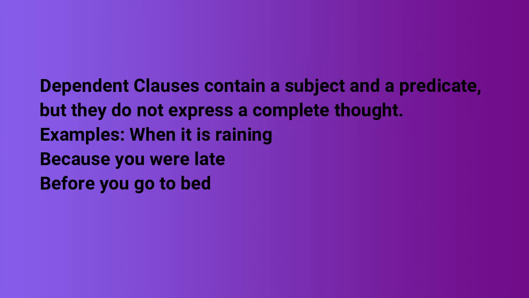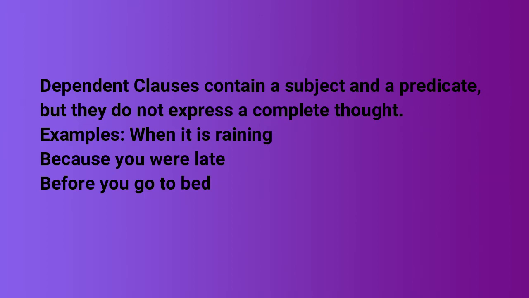For example, when it is raining. It's only half sense, not a complete thought. Because you were late. Before you go to bed. Do you understand? Simple. They do not give complete meaning or thought.